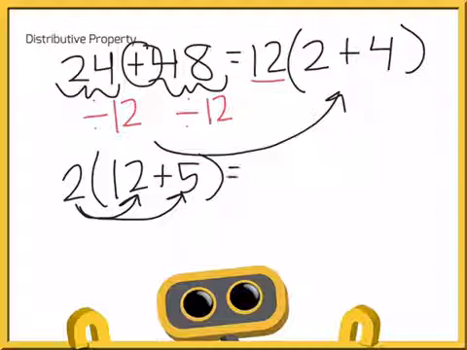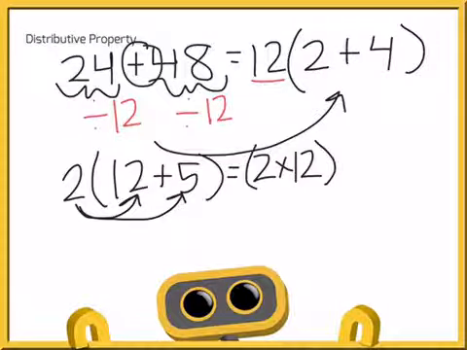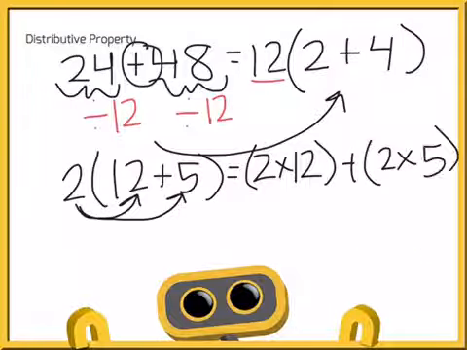Another way of writing that could be 2 times 12 plus 2 times 5. Remember, whatever sign is in there, that's what's going to go in between the two different sets of parentheses that you distribute that outside factor to. If it was subtraction, it would have been subtraction.